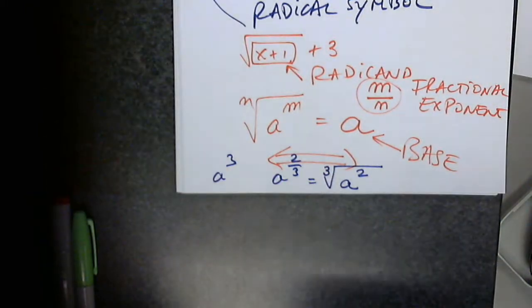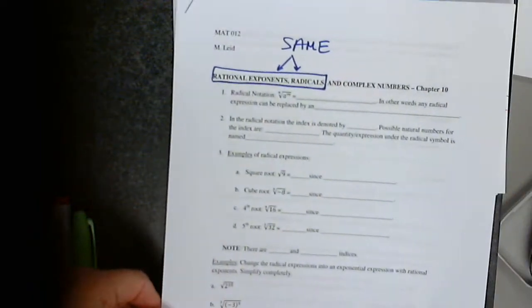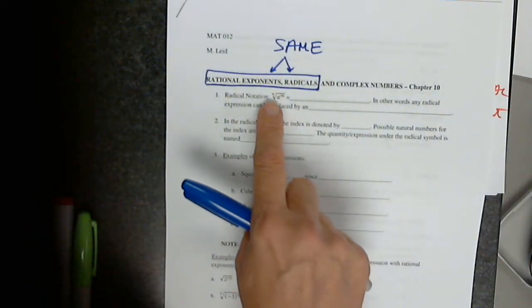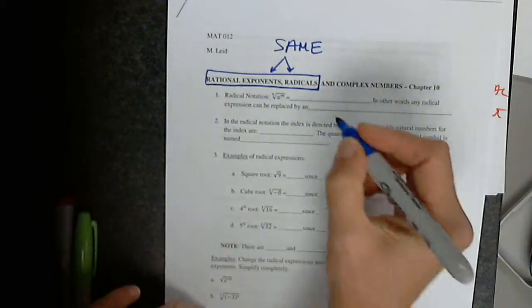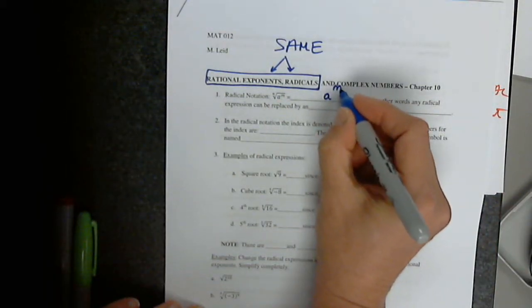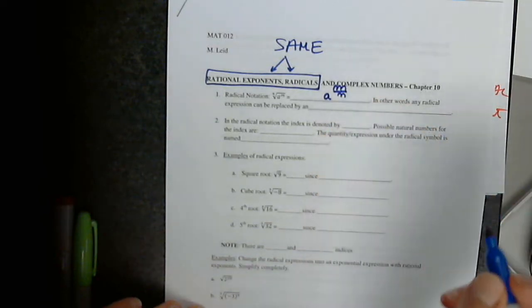So then I can go back to the handout now and fill it in. How will I write the nth root of a to the mth power? I will write a raised to m over n.